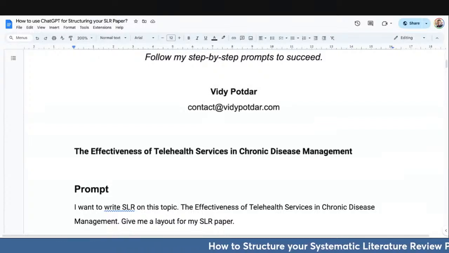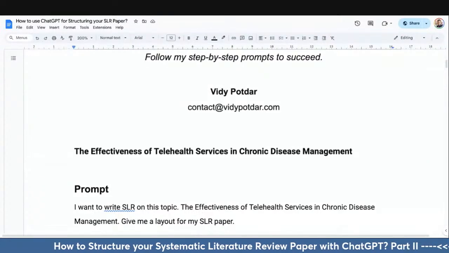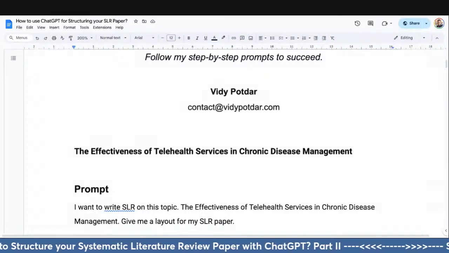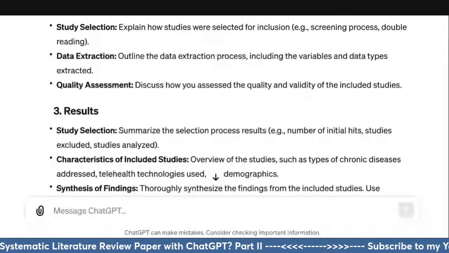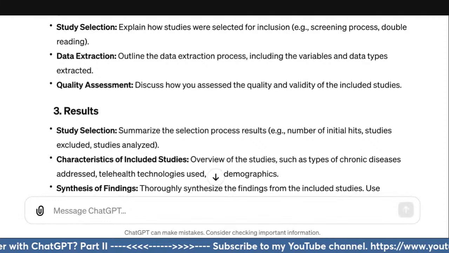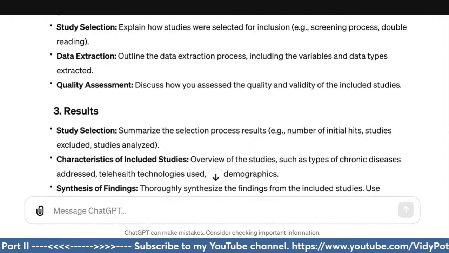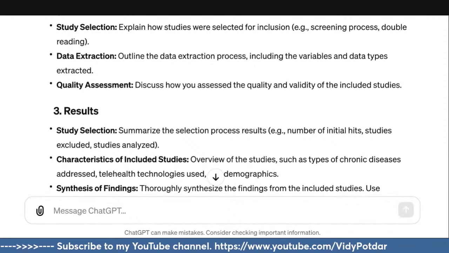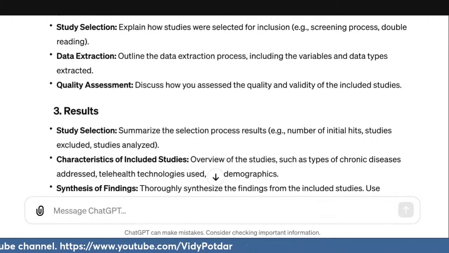You will see that by doing this, you will be very productive in writing your paper, because my focus in running these sessions is to show how you can be effective in writing your SLR paper.